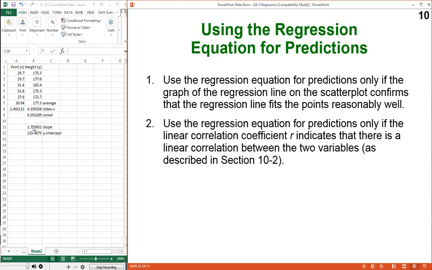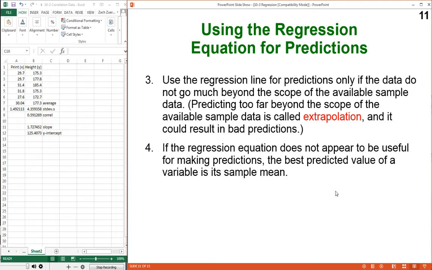This is what we did back in section 10.2, when we looked at 0.591 with a sample size of, actually a sample size of 5, sorry, 2, 3, 4, 5. Sample size of 5, we looked at the critical value for that, and it was greater than 0.591, so this is not significant.